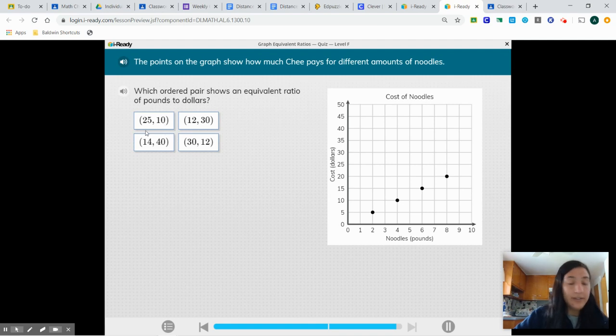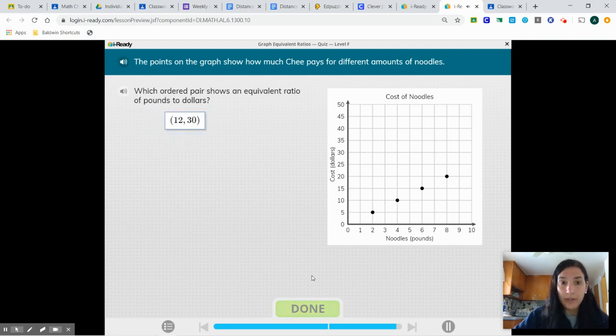If we do 10 divided by 25, we get 0.4 or 4 tenths. That's not what we want. Let's keep going. 30 divided by 12 will give us 2.5. Right. Make sure you select the correct one. 12, 30. So 30 pounds of noodles will cost $12. And we're good.